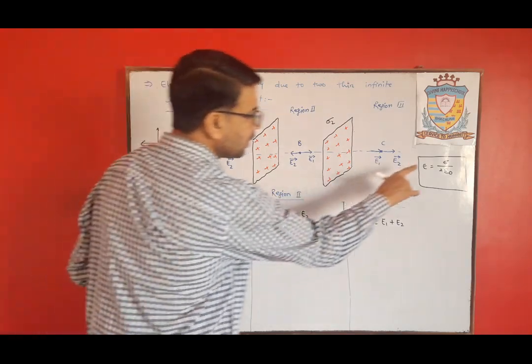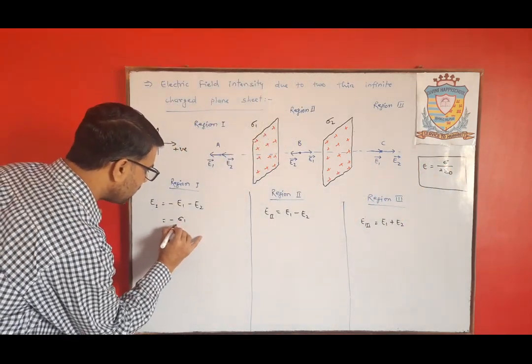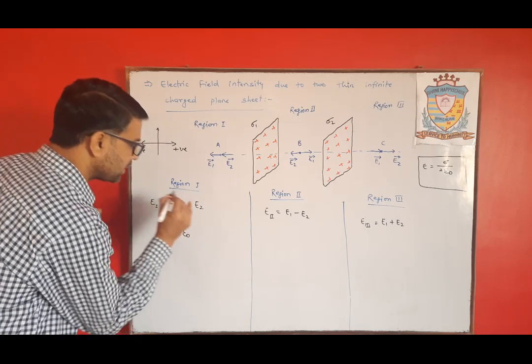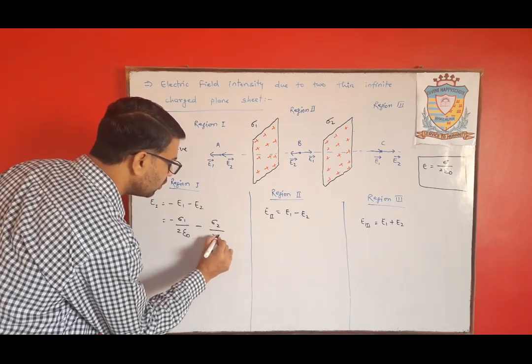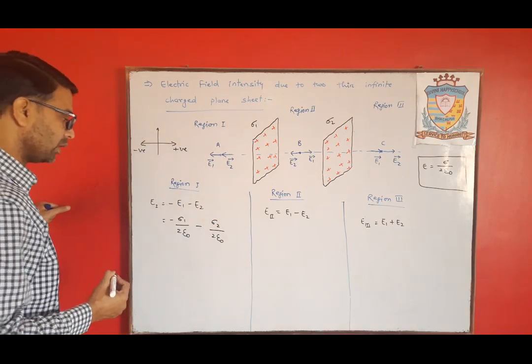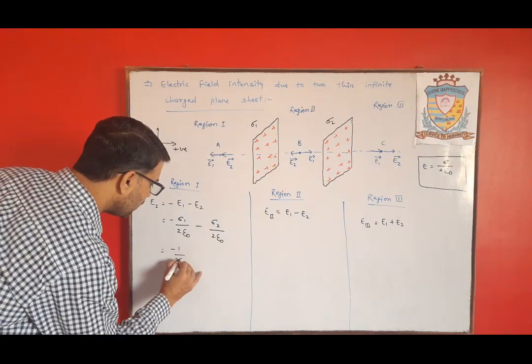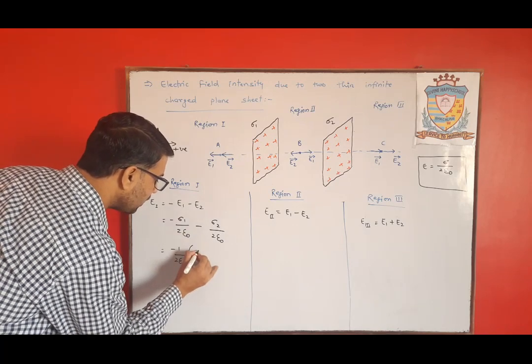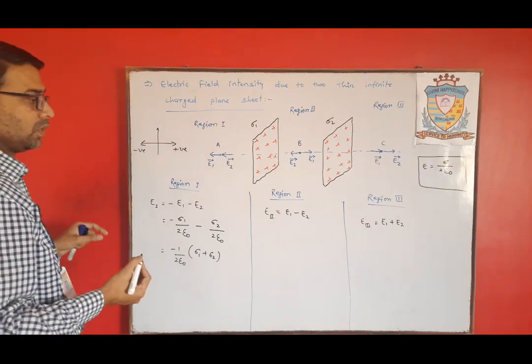Simply we'll put here sigma 1, nothing else. So minus sigma 1 upon 2 epsilon naught. In place of E2, what we have now, that is sigma 2 upon 2 epsilon naught. Okay, so we'll take minus 1 upon 2 epsilon naught common. Here what we have, that is sigma 1 plus sigma 2.